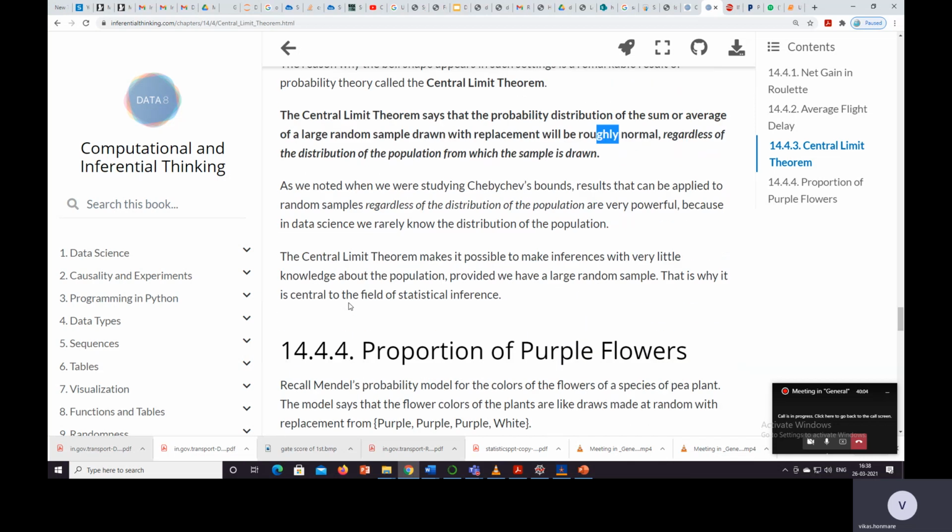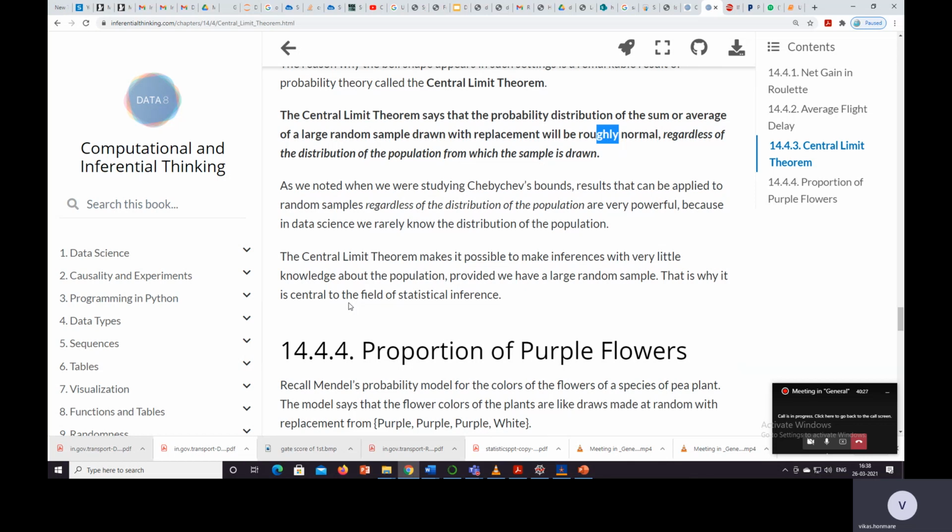As we noted when we were studying Chebyshev's bound, results that can be applied to random samples regardless of the distribution of the population are very powerful. In data science we rarely know the distribution of the population.